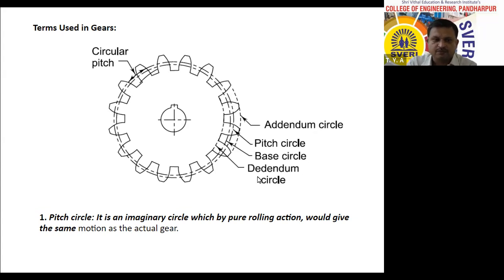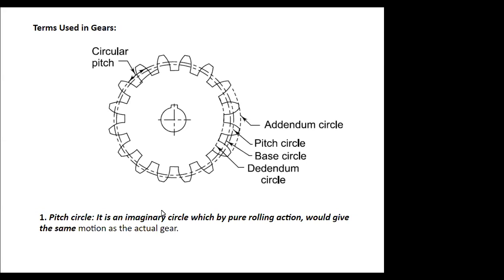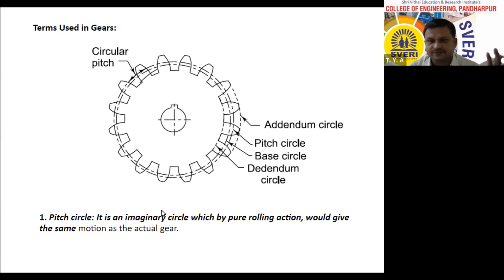Now, the first definition is pitch circle. If a gear is in your hand, you can't identify where the pitch circle is. Therefore, what is the definition? Pitch circle is an imaginary circle which by pure rolling action would give the same motion as that of the actual gear.